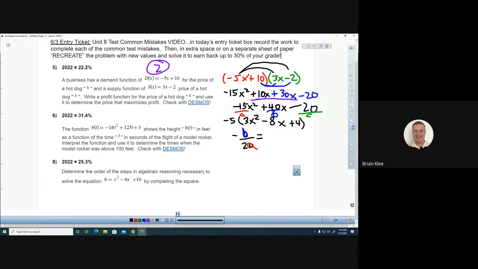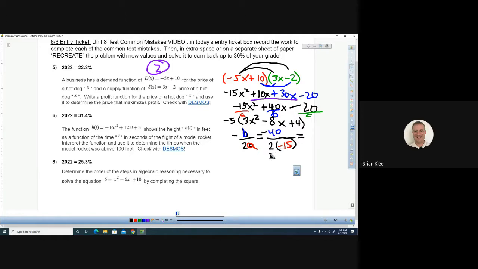So my B is 40. And that's over 2A. A up above is negative 15. So I've got 2 times negative 15. Calculator or mental math there.